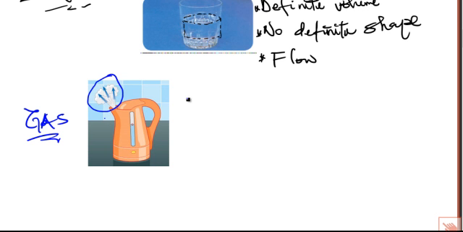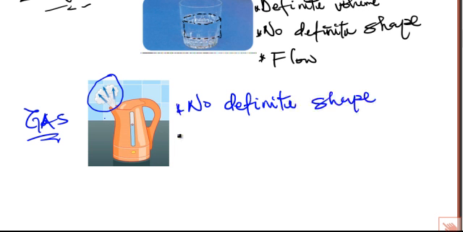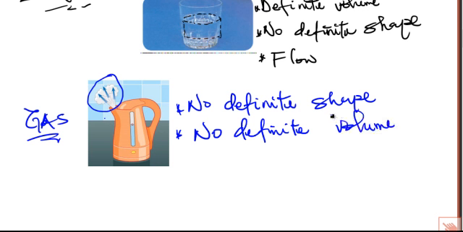So the property, as we know, at a given temperature, gas doesn't have any definite shape. Also, no definite volume.